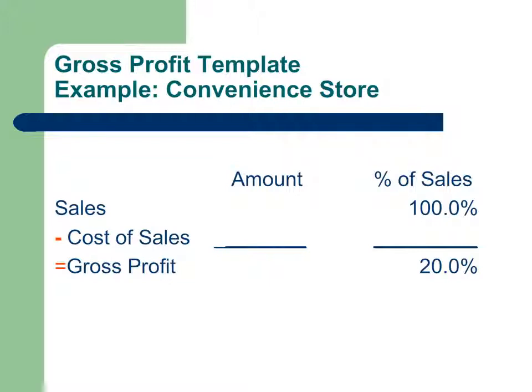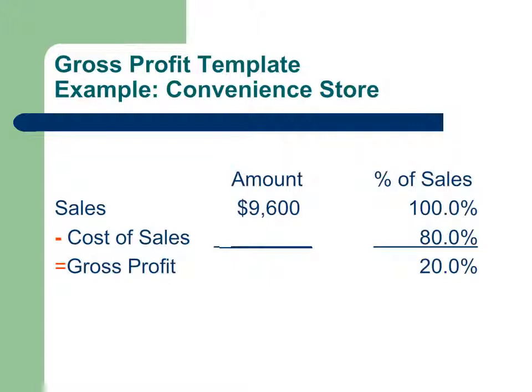A convenience store has an average gross profit margin of 20%. Their total sales for the month equal $9,600. If the gross profit margin is 20%, the cost margin is 80% because the gross profit margin and the cost margin must equal 100%. The gross profit dollar amount is 20% of the sales price.